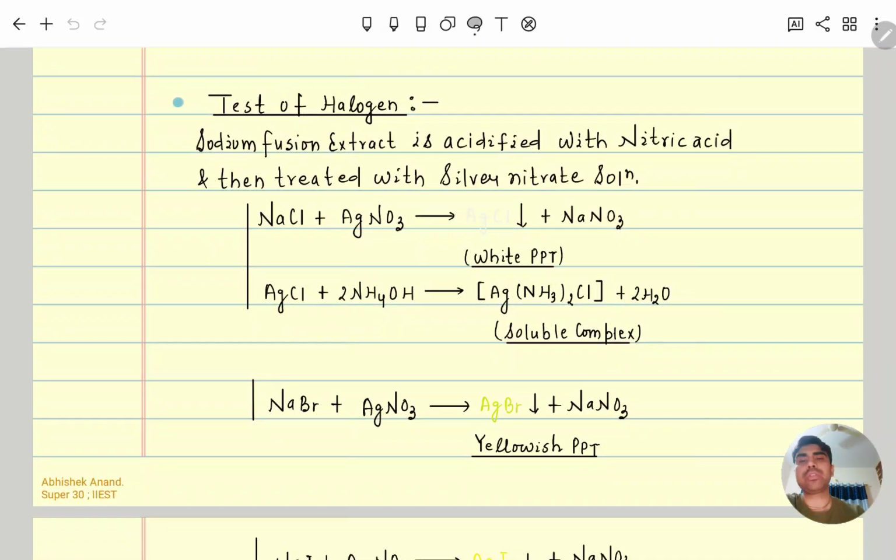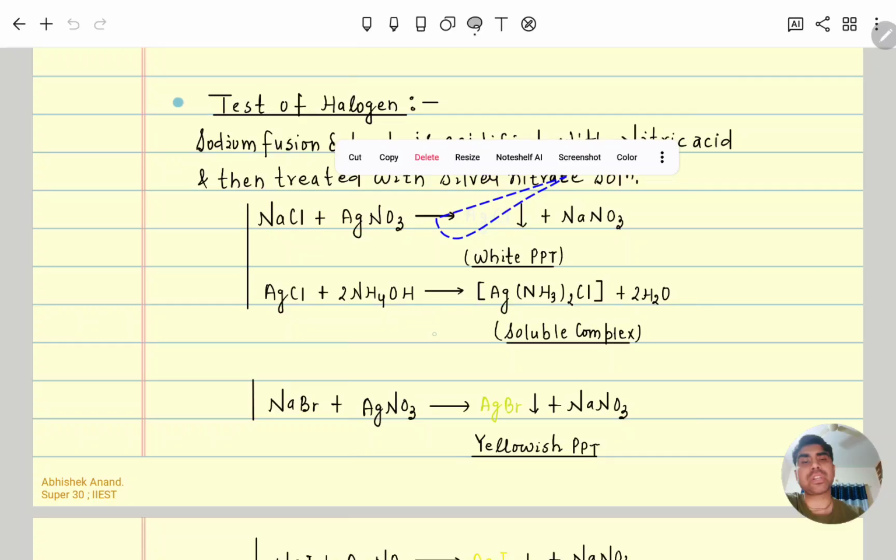Now coming to halogens. The sodium fusion extract containing NaCl, NaBr or NaI is acidified with nitric acid and then treated with silver nitrate solution. NaCl reacting with AgNO3 forms AgCl, a white precipitate.